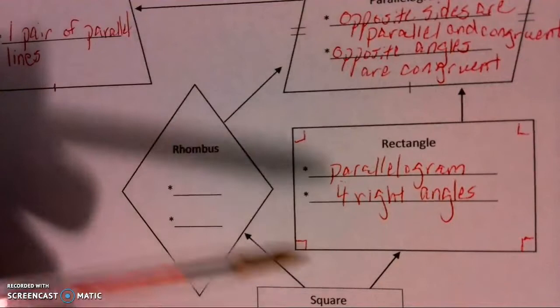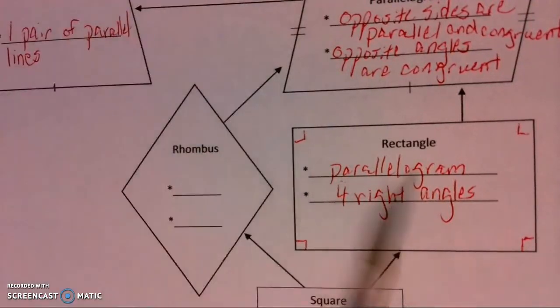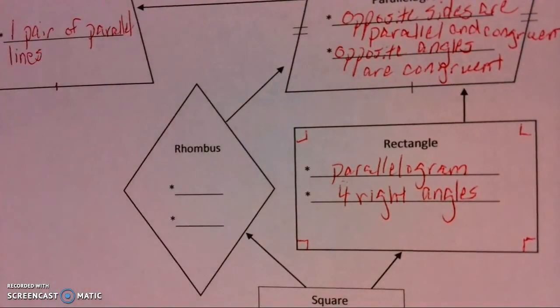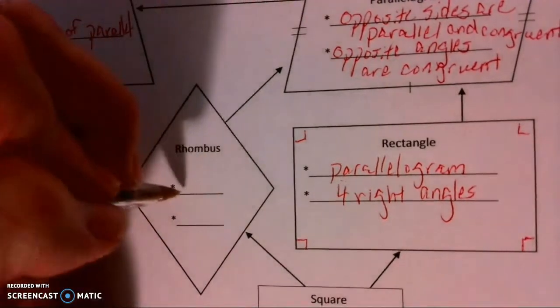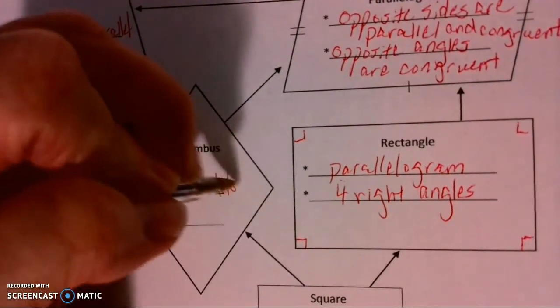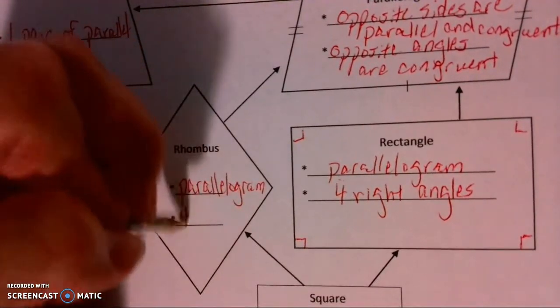If I get even more specific and I want to look at the side lengths, well, if you look next to that rectangle, I have the rhombus. And when I have a rhombus, again, a rhombus is going to be a parallelogram, but this parallelogram has 4 equal sides.